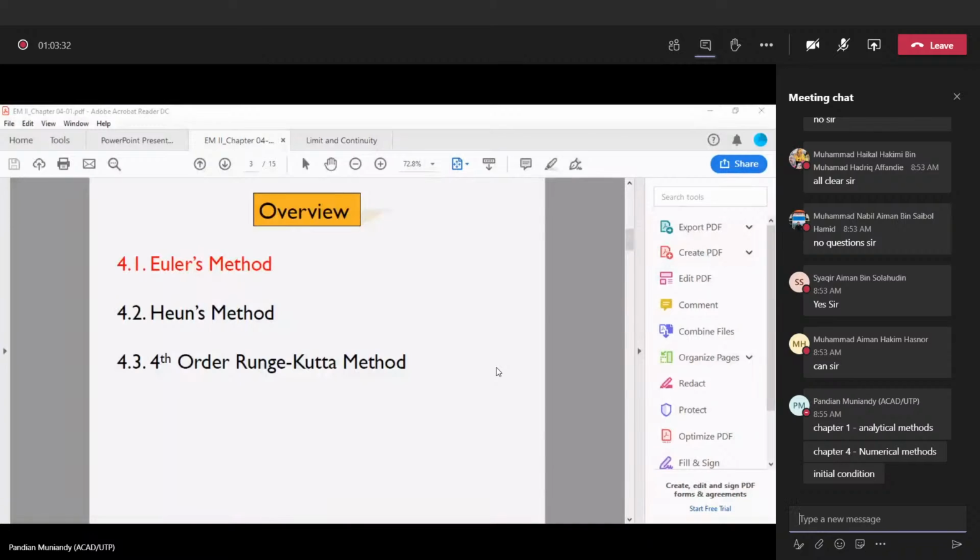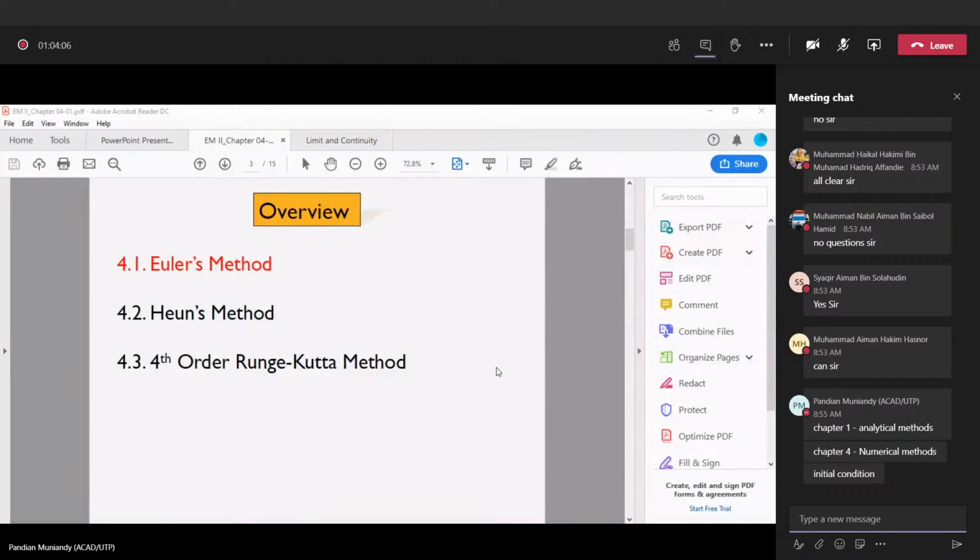You can pick any of these 3 methods and compare among themselves, or compare with the exact, accurate, precise method. The precise method is the one we solved just now using the separable method. Later on you will see how we can compare this solution with the exact method.